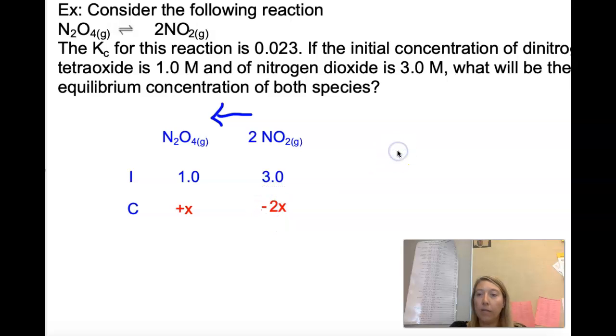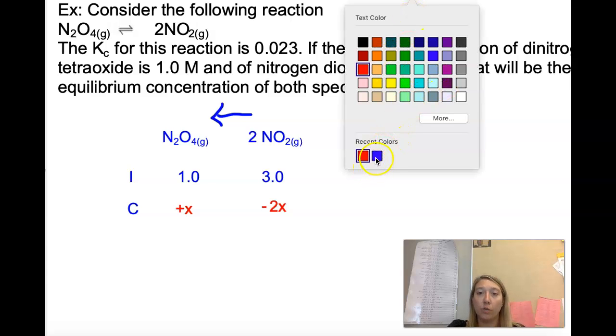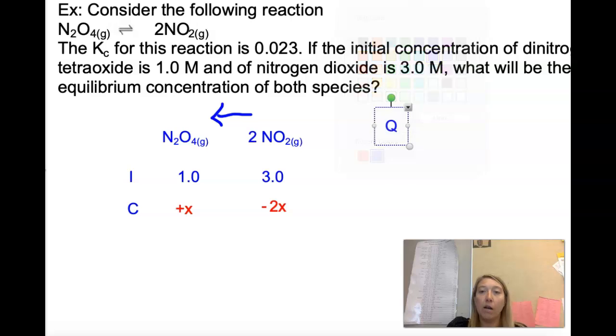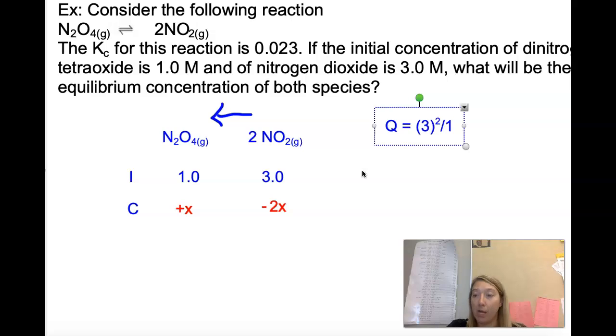Okay, if you're like, I don't like that, that doesn't really work for me, the other thing I can go ahead and do is I can calculate that Q value, okay? So to calculate that Q value, we're going to calculate it the same way we would a K. So we're going to do the NO2 squared divided by the N2O4. So we're going to do 3 squared, and then we are going to divide by 1.